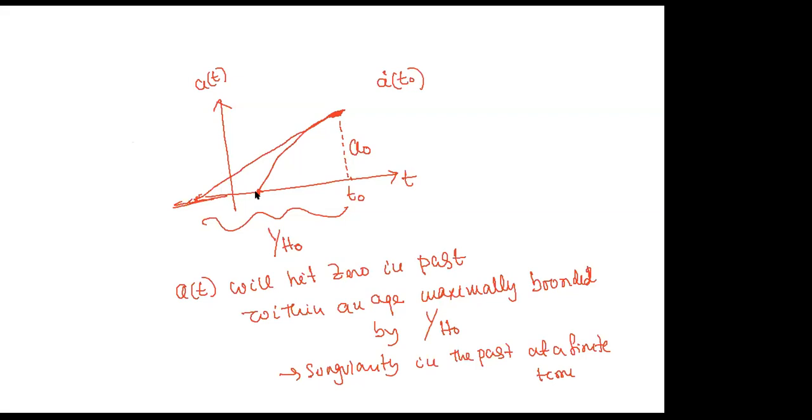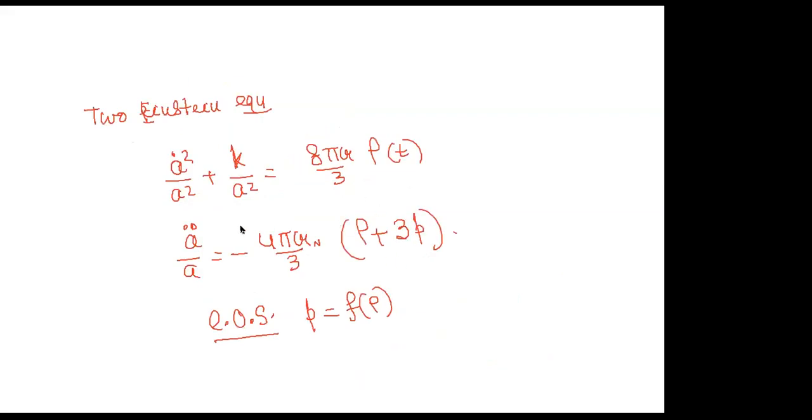There are other problems in setting up the initial condition, but if I can somehow have rho plus 3P negative and A double dot positive, I can avoid this singularity. Maybe from today it is going down as long as rho plus 3P is positive, but when rho plus 3P becomes negative, it starts increasing. So it will not hit A equal to 0. It can have a minimum, but it will not hit 0.